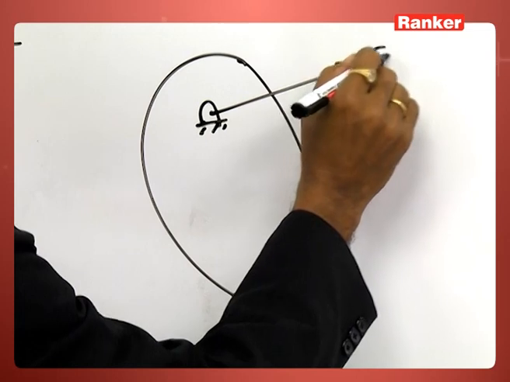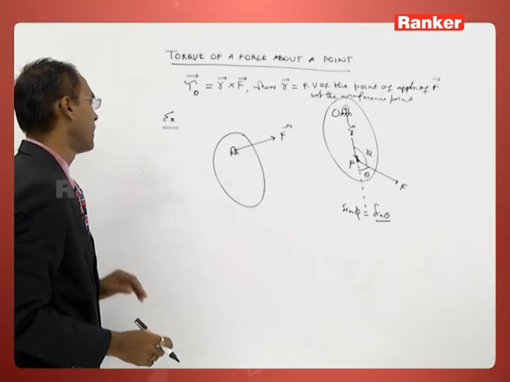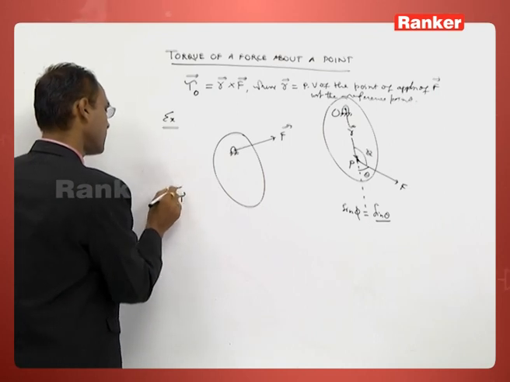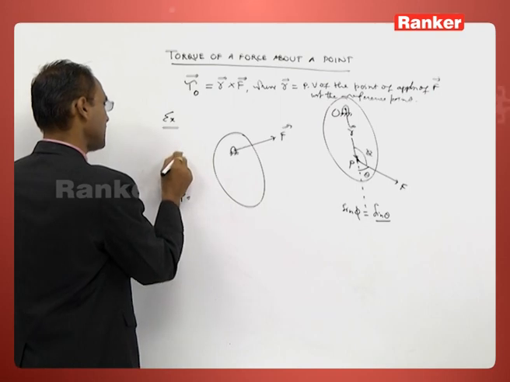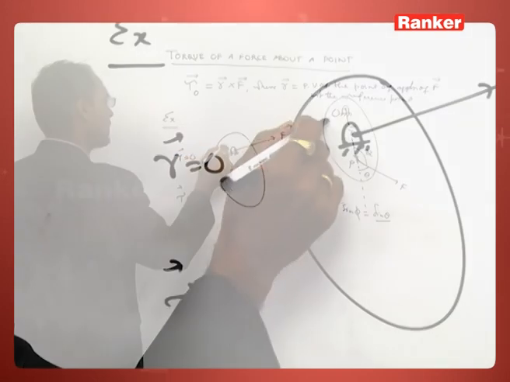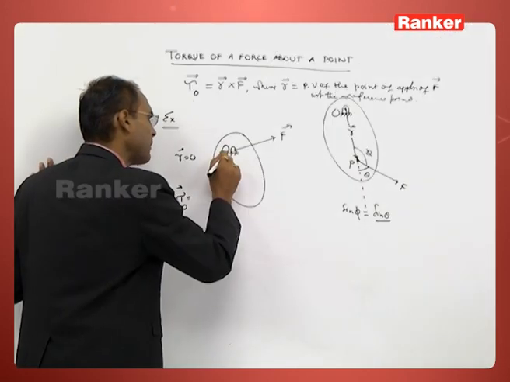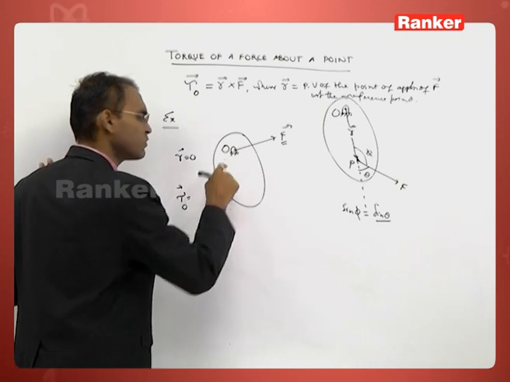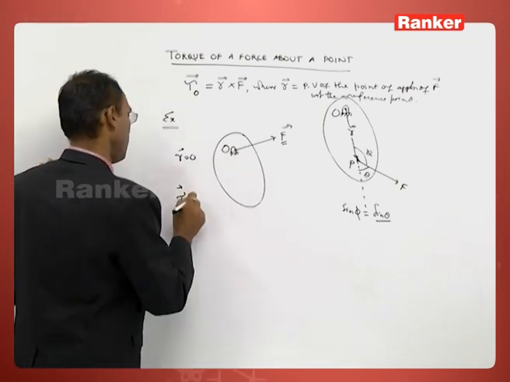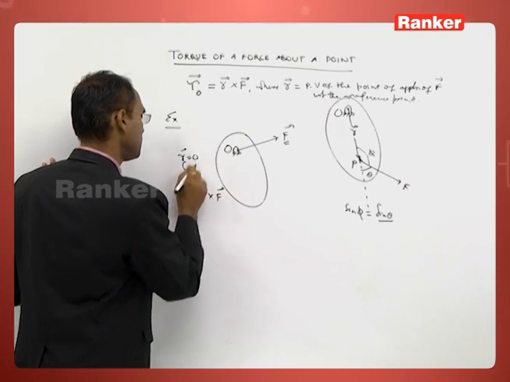When I apply the force here, what is the torque? What is R? R is 0. Torque about this point O of this force F when it passes through the reference point will produce 0 torque because R is 0.